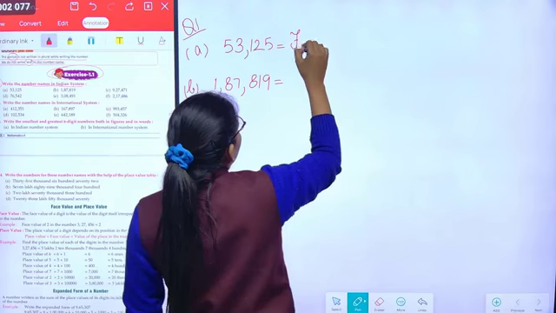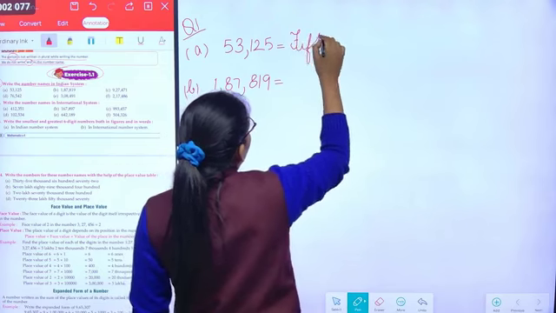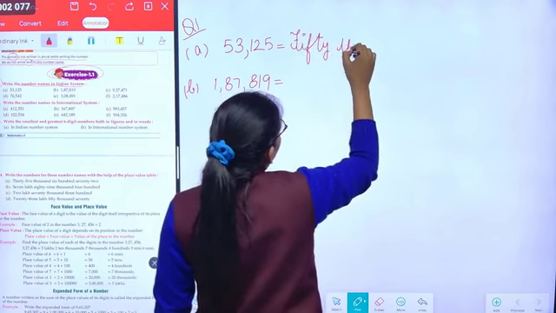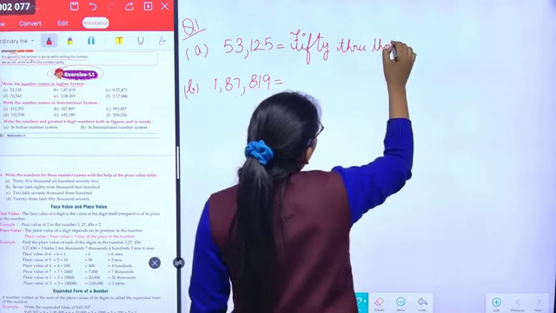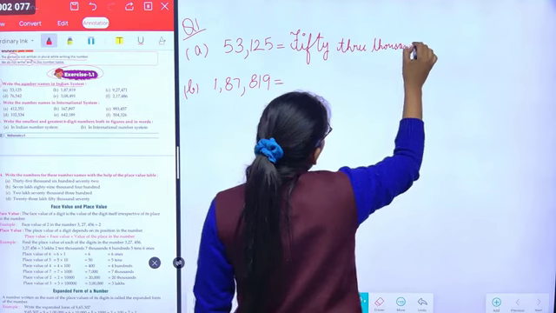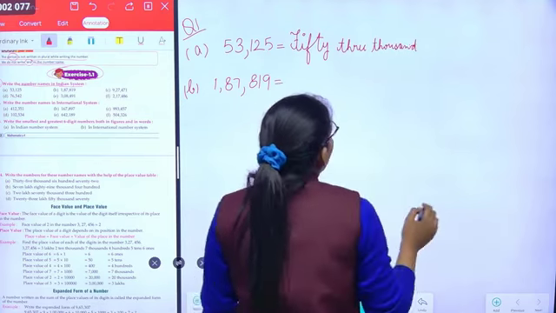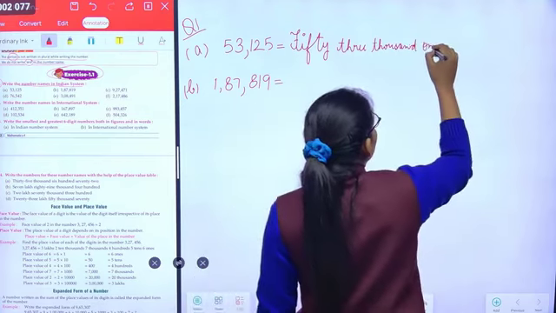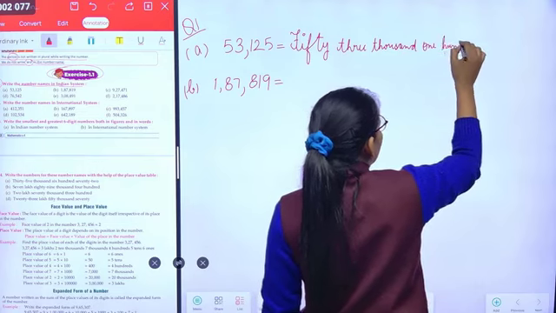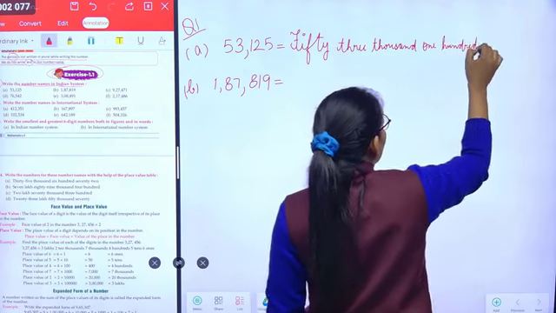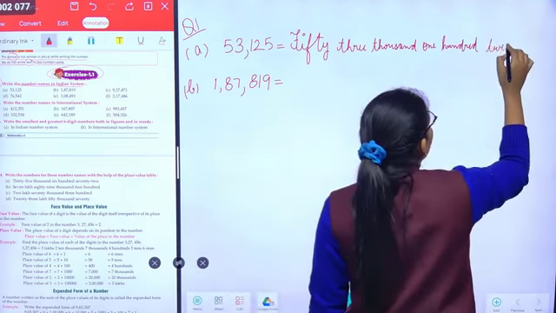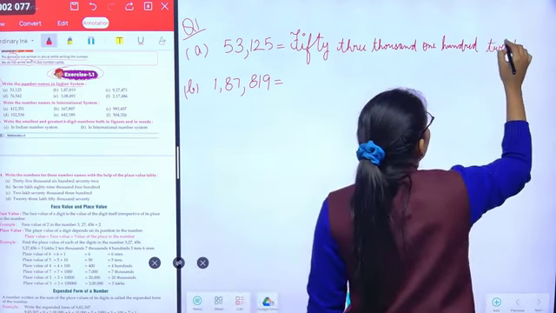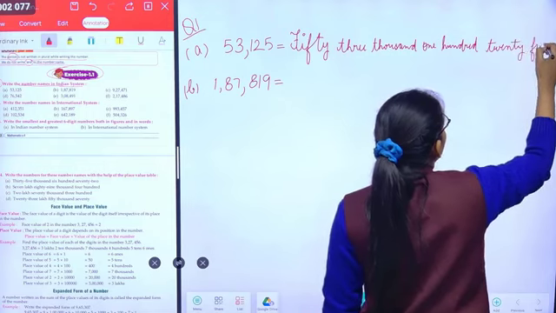So it is 53,100 and 25. Understand class?